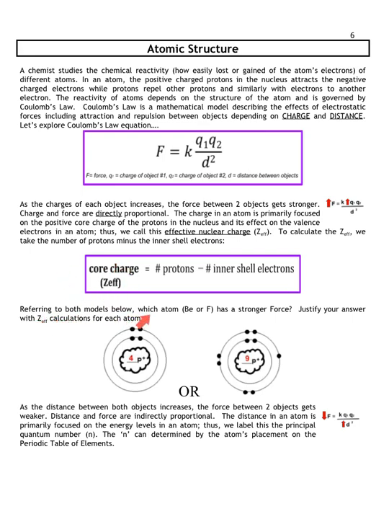Now, let's go ahead and refer to both models below. Which atom, Be or F, has a stronger force? Notice if you look at both models, they both have the same number of rings, or shells, and they both have 2 shells. So the distance doesn't seem very different between the two, because they both have the same number of energy levels.